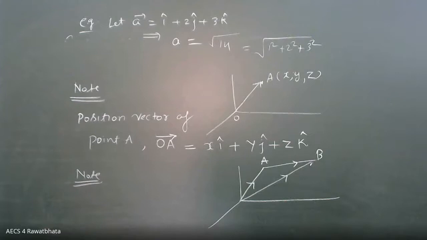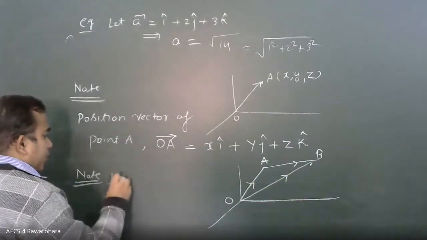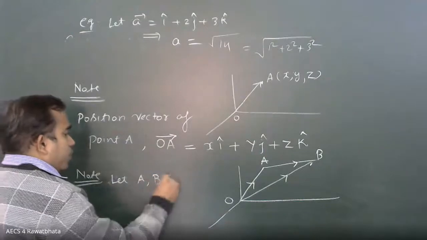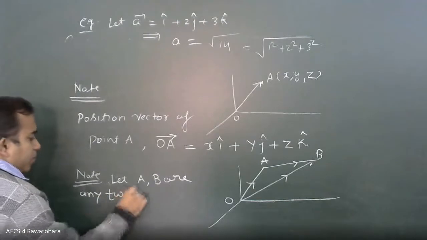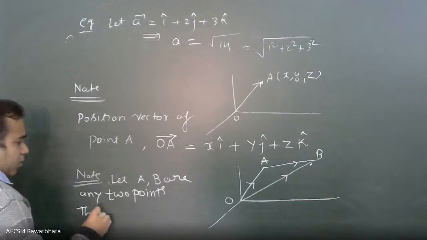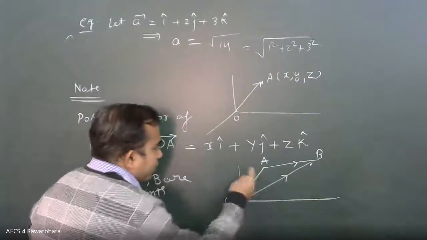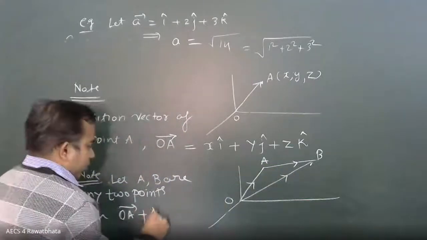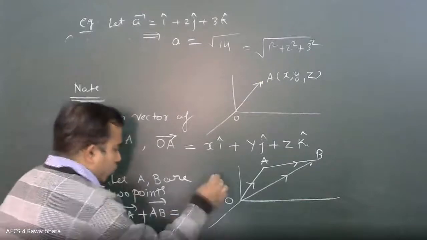Then there is a concept of vector addition. Let A and B be any 2 points. Then OA vector plus AB vector is going to be equal to OB vector.